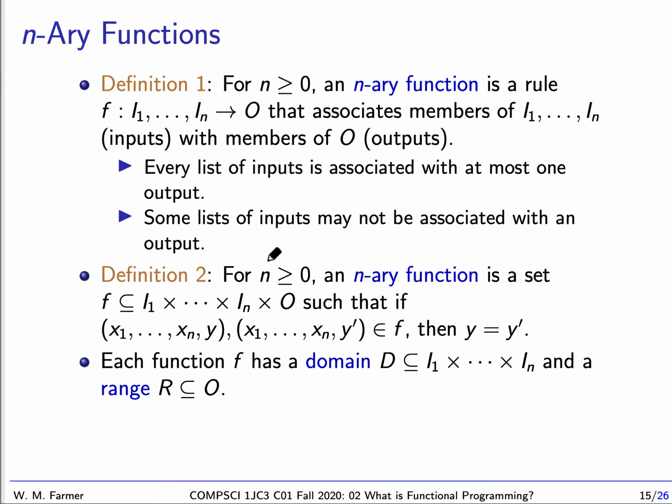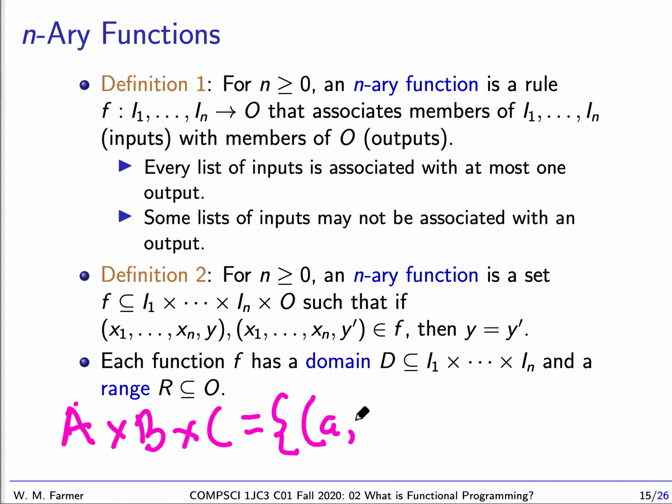If it's as a set, it's just going to be a subset of the Cartesian product of I1 through In and O. And if you know what the Cartesian product is, for instance, if I have A cross B cross C, what that really is, is a set of tuples (a, b, c).